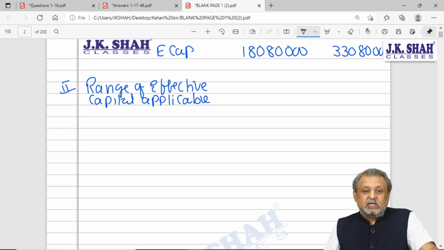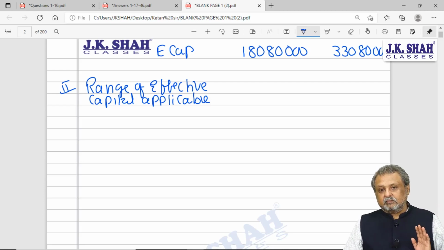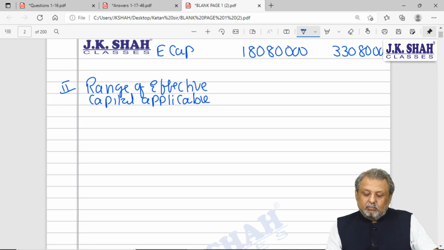Now, what is the range applicable? If you remember, there are 4 ranges given. From negative to 5, less than 5. Then from 5 to 100, less than 100. Then from 100 to less than 250, and then 250 or more. So here, both are falling in the same category.